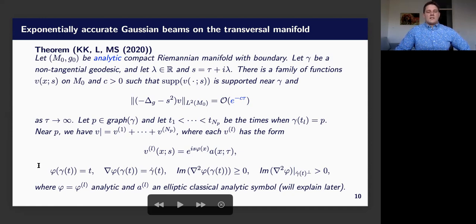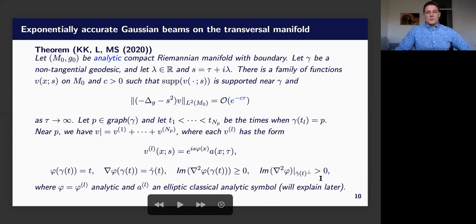And then this phase function has some characteristic properties. The first one is that phi, when we restrict it to the geodesic, is t. This is the feature which gives the Gaussian beams the oscillation along the geodesic. And the last condition says that the imaginary part of the Hessian of this phase function phi in directions which are orthogonal to the geodesic is positive.